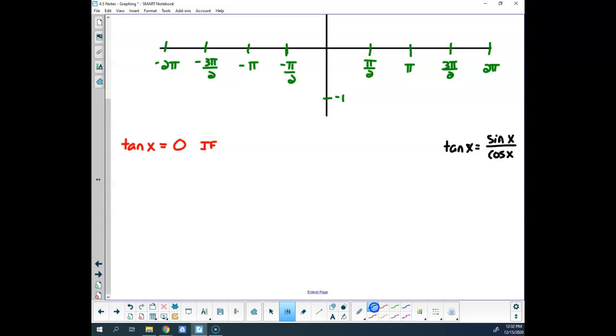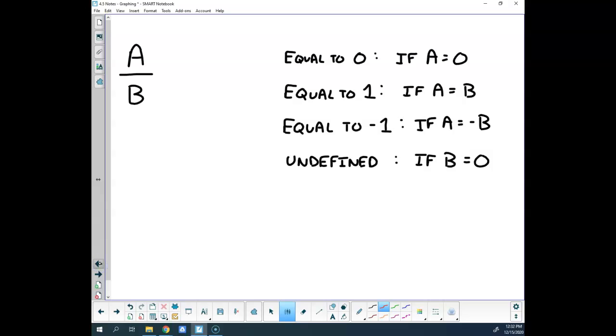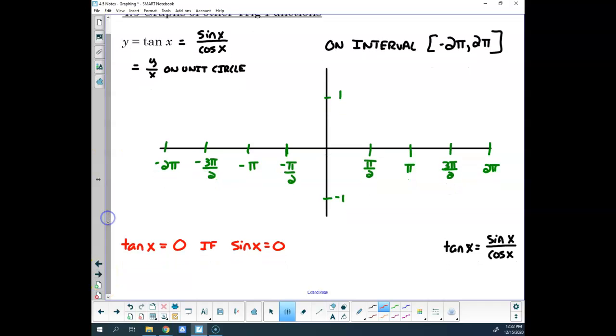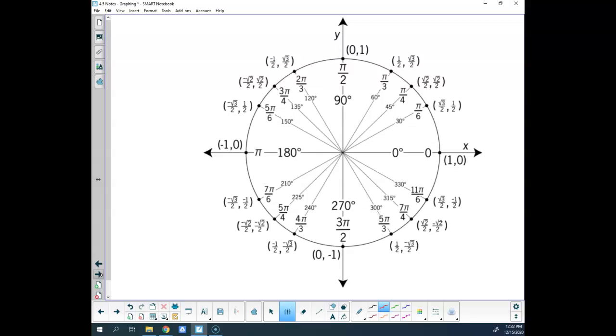If sine of x equals zero. Tangent is zero if sine is zero, and we get that from the logic we just did: a fraction is equal to zero only if the numerator is zero. Tangent is sine over cosine, so tangent is zero only if sine is zero. On my unit circle, where is sine equal to zero?